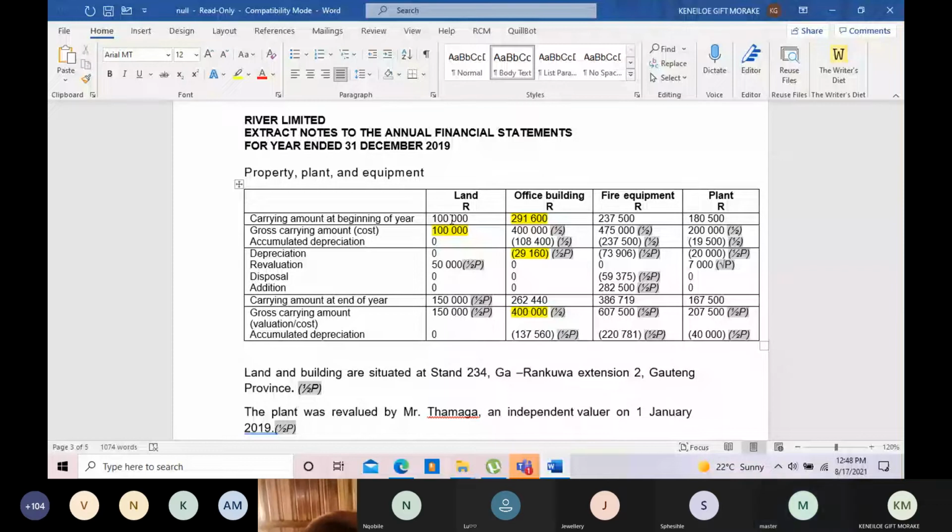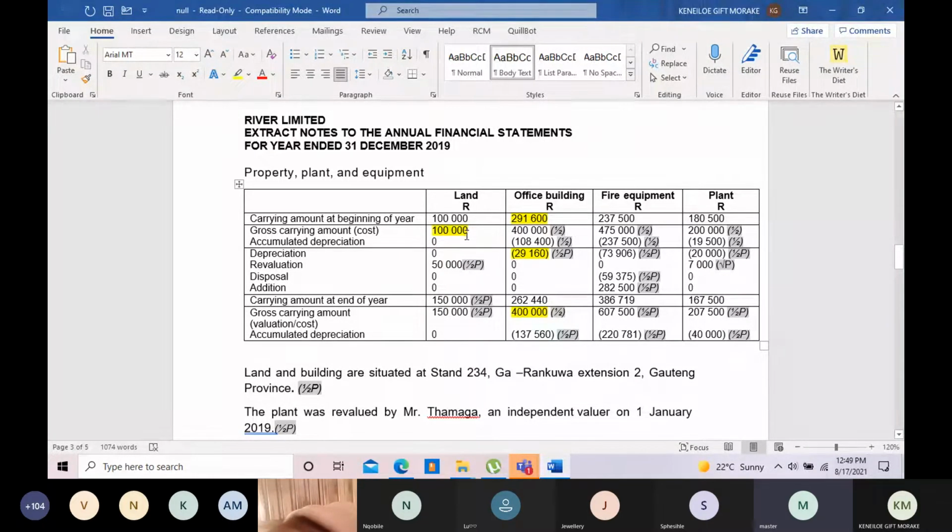That is what we saw where we were reading the information of land. So here we have the cost price. On top we have the carrying value, but before the carrying value we had the cost price, which is also written as the gross carrying amount, meaning the cost in bracket. So this 100,000 was given. That is why it is highlighted with this color here.